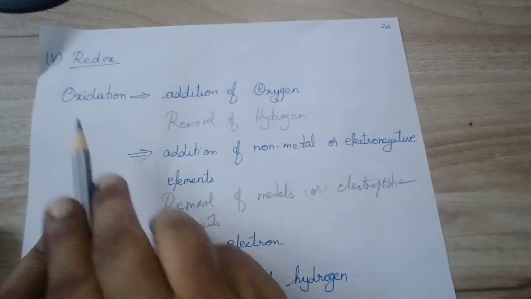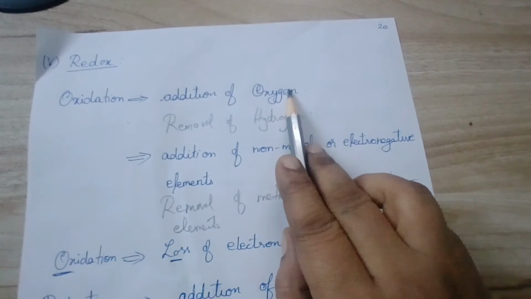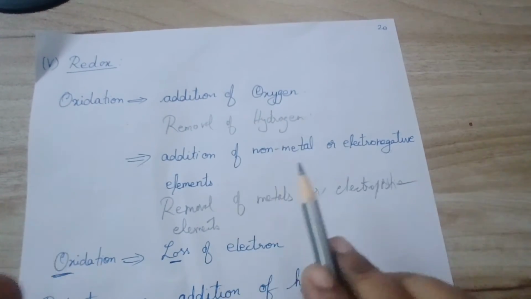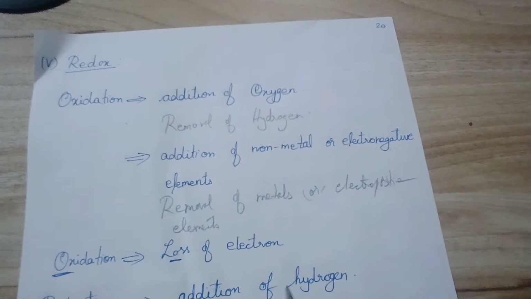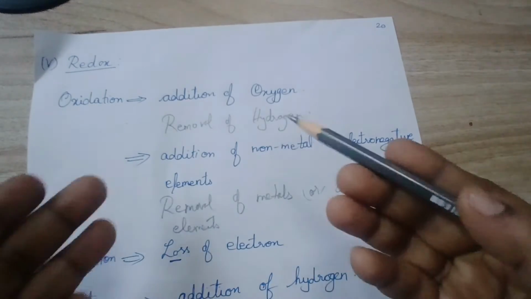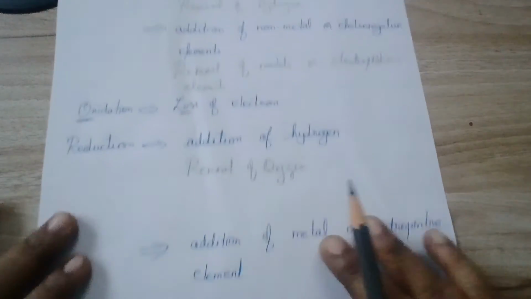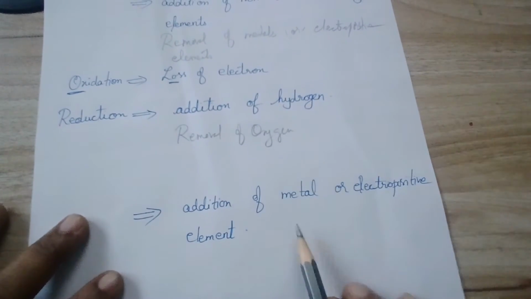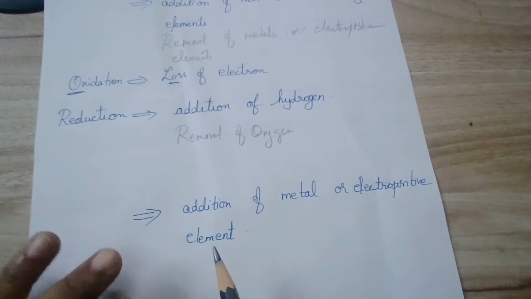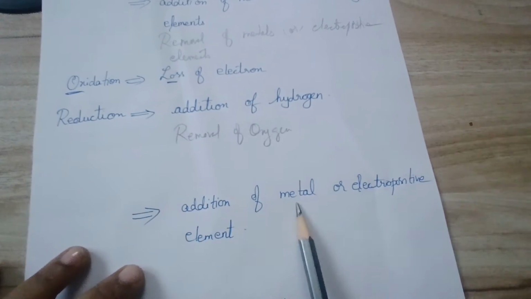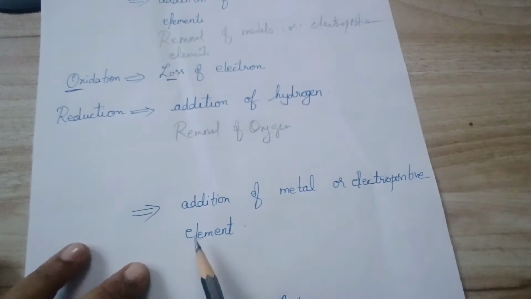Clear on this? Oxidation is addition of oxygen, addition of non-metals or electronegative elements. The opposite of removal of hydrogen is removal of metals or electropositive elements. Likewise, reduction means addition of hydrogen, which means addition of a metal or electropositive elements.